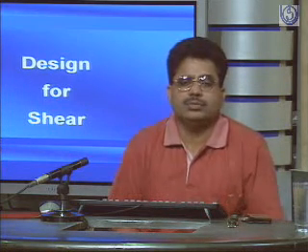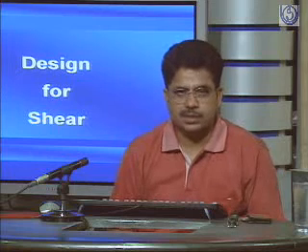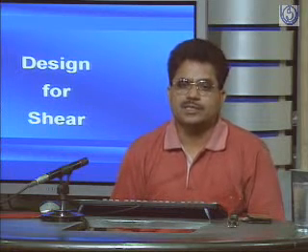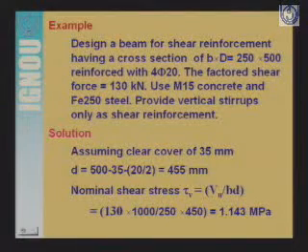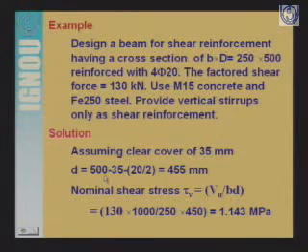For that we have to assume the clear cover. So let's assume that clear cover is 35 mm. With this assumption, we can calculate the effective depth of the beam as 500, the total depth, minus clear cover, minus half the diameter of the reinforcing bar.